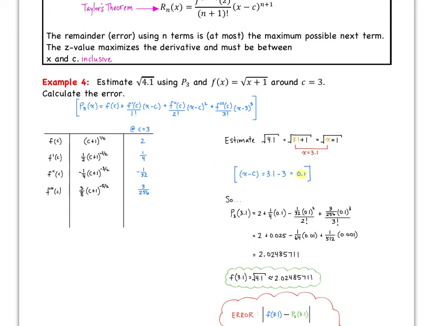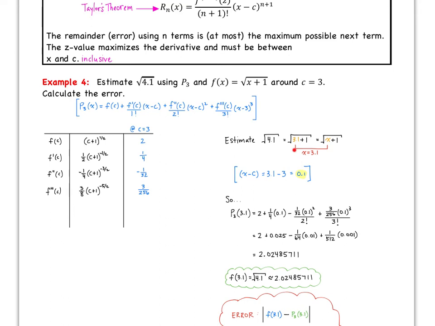Now we need to get into the actual estimate. We want to estimate the square root of 4.1. We can rewrite this as the square root of 3.1 plus 1, because we're using the function the square root of x plus 1. So in this case, we let x equal 3.1.